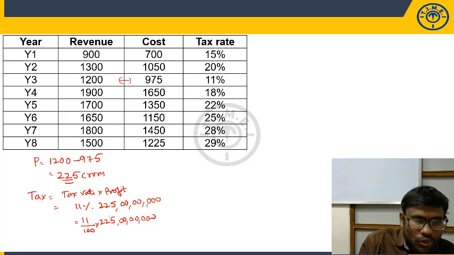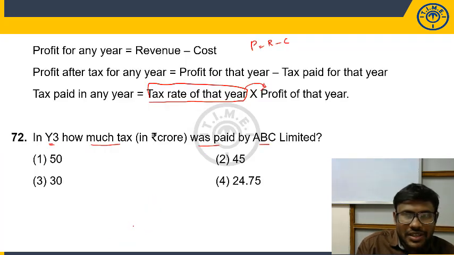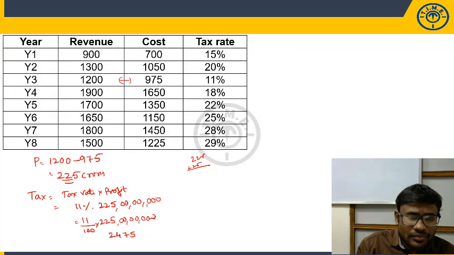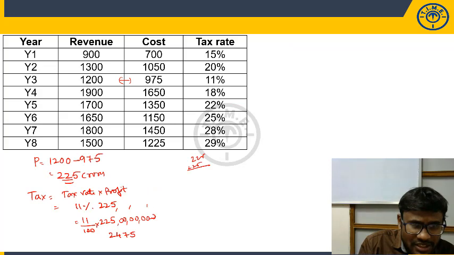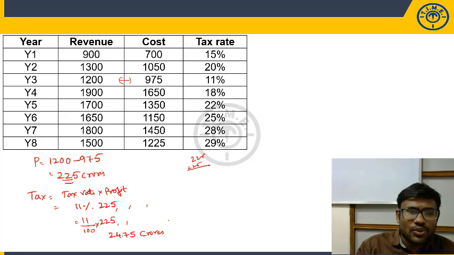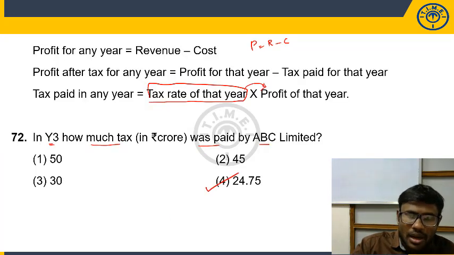So 225 into 11, so it is 2475. It was given in decimal, so let us not take this crores, let us take it like this only. So it is 24.75 crores. Which option is your answer? Option number 4. Hope this is clear for you.